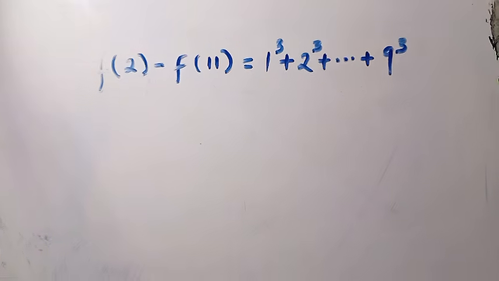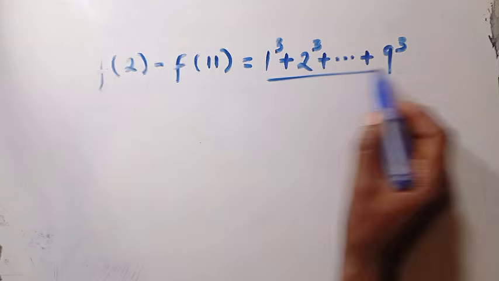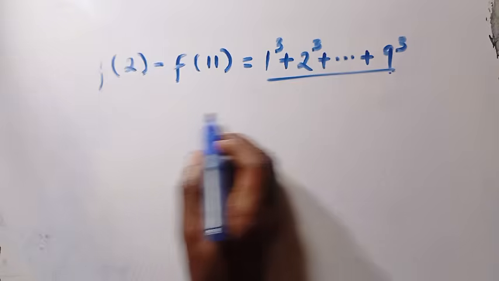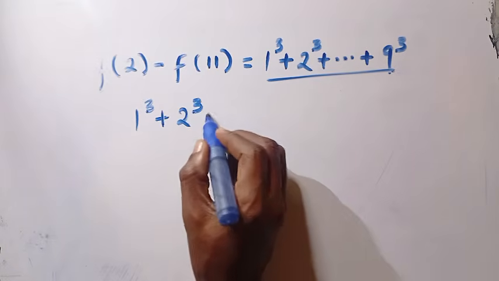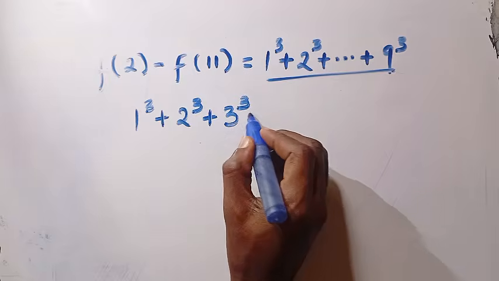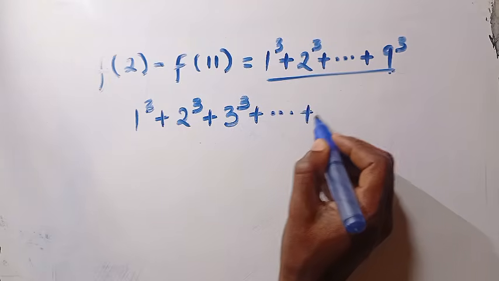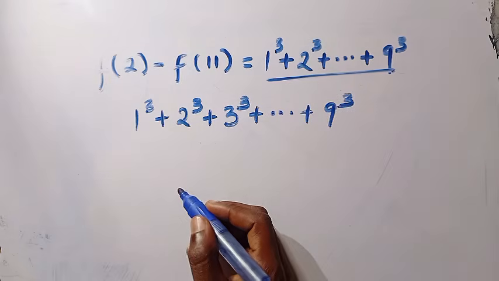So these are the things we are going to add together. But let's consider this side first: 1 cubed plus 2 cubed plus 3 cubed plus dot dot dot plus 9 raised to the power of 3.